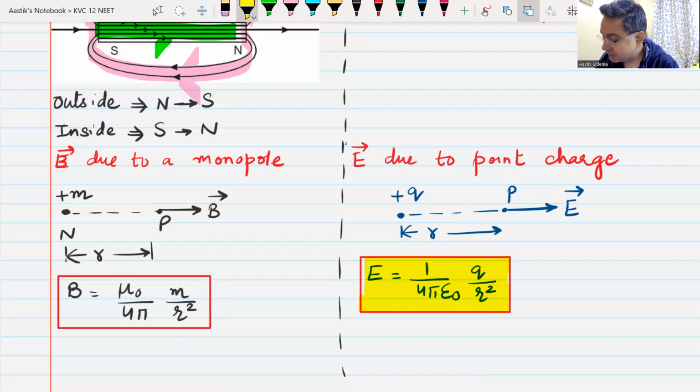I hope you can see the similarity in the formula.